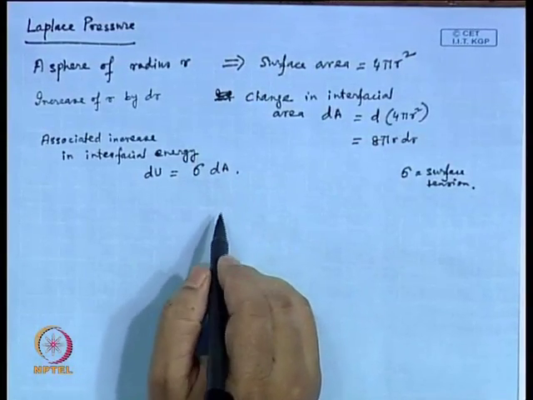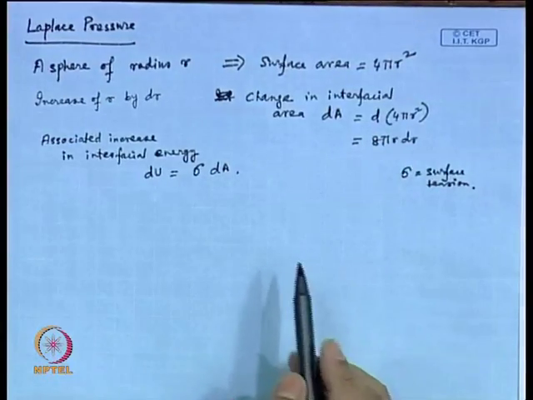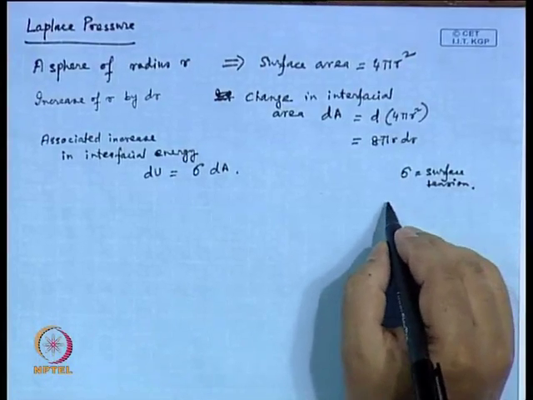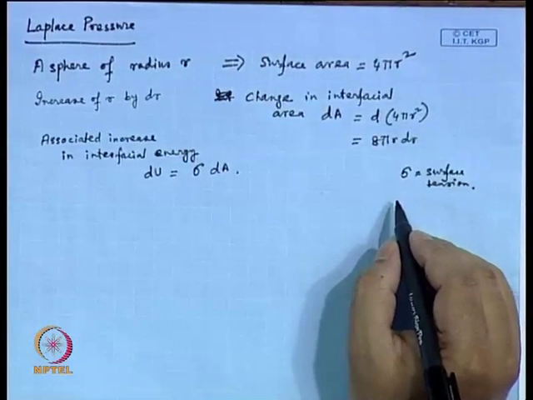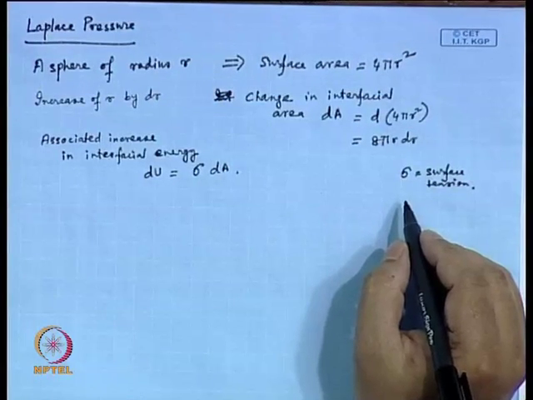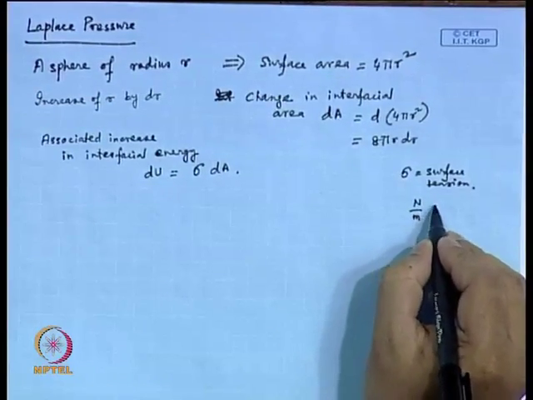What does this mean? What is basically the energy? Energy is equal to the work done, that is equal to force into displacement. All right, force into displacement, and go to the unit of interfacial tension. Do you remember how the interfacial tension was derived at that time? What is the unit of surface tension? That is basically Newton per meter, right?